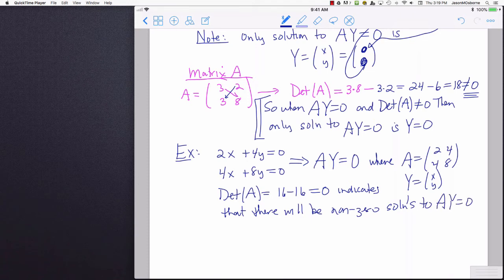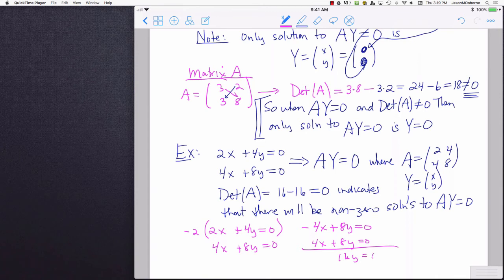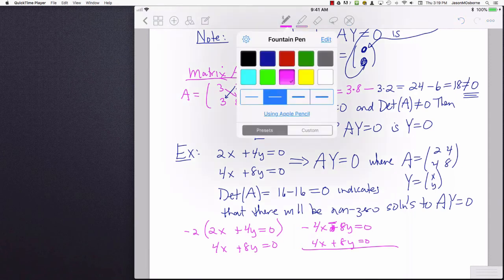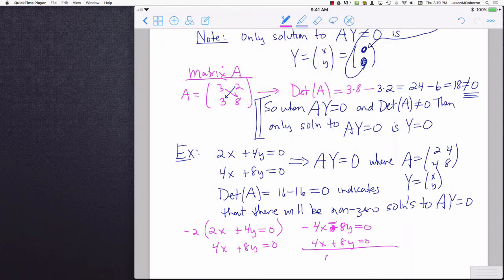You can see that if you try to solve this system of equations, something interesting happens. You can multiply the first equation by -2 to get -4x minus 8y equal to 0, and add that to the second equation, which leads to 0x plus 0y equal to 0.